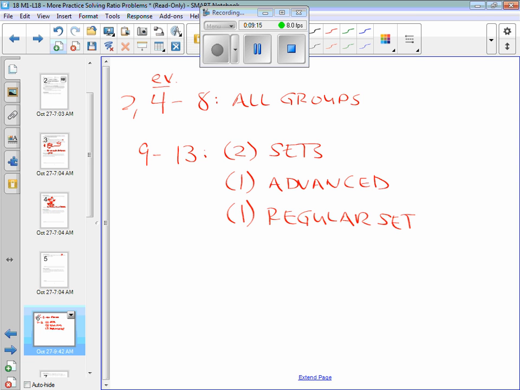So if you are regular, you'll do it. It's already in your book. If you are advanced, you already have a separate set of questions for that. And then the homework is the problem set, which is the last 2 pages, okay? All right, so group up and go. And answer keys are hanging up all over the place. Should be sure you check.